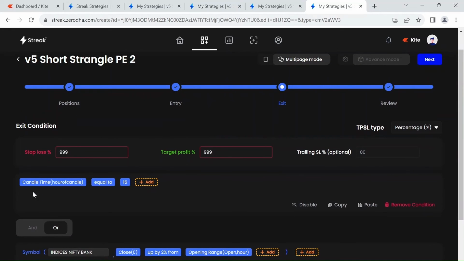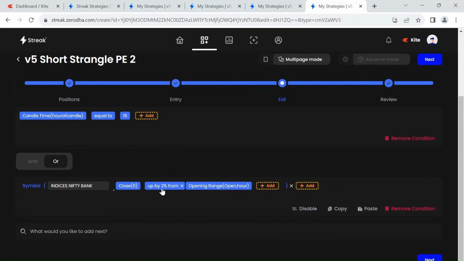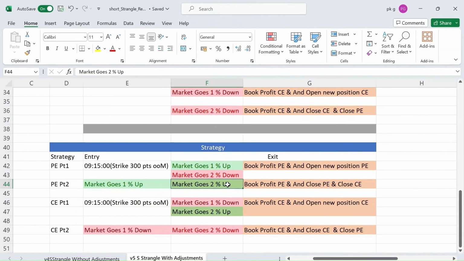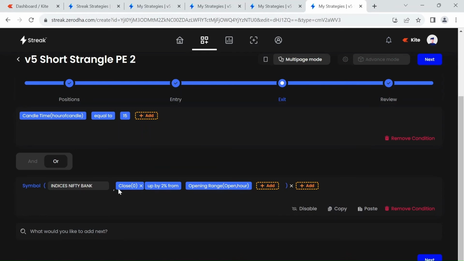And exit is either time is 3 o'clock or market went up by 2%, as we have just discussed here. If Bank Nifty price is up by 2% from the open price, then we will exit from this strategy.